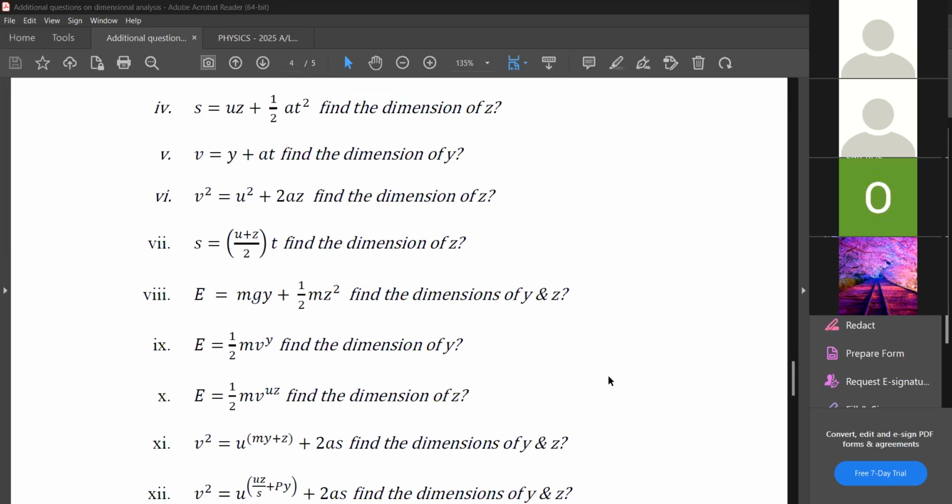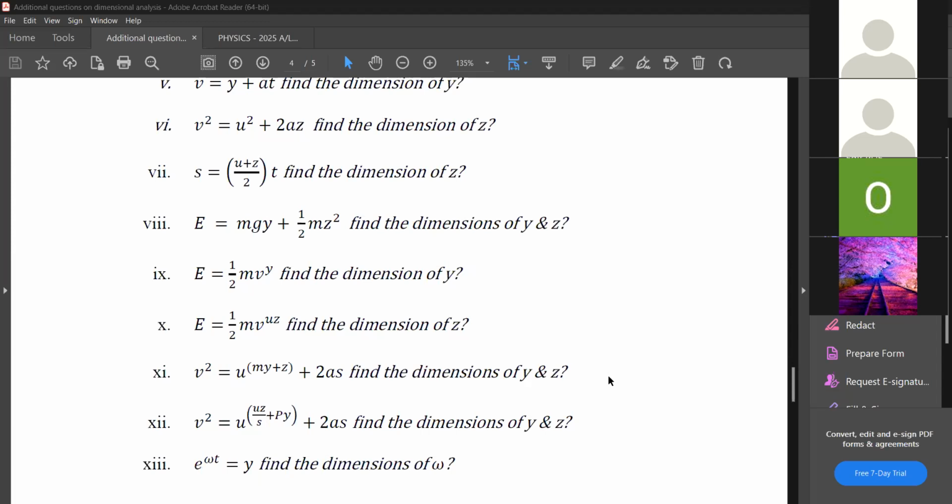Shall we start from question 6 then? 6 to 10. No, 6 to 30. We have done another part with equation generation. After that, we can complete this lesson.